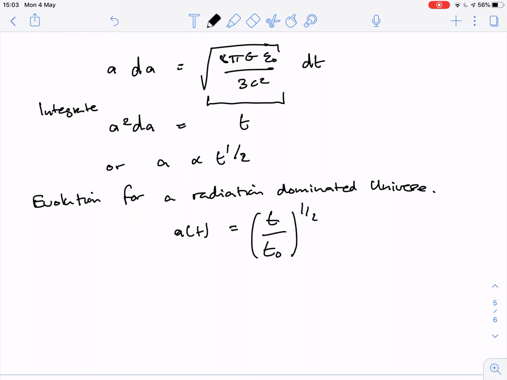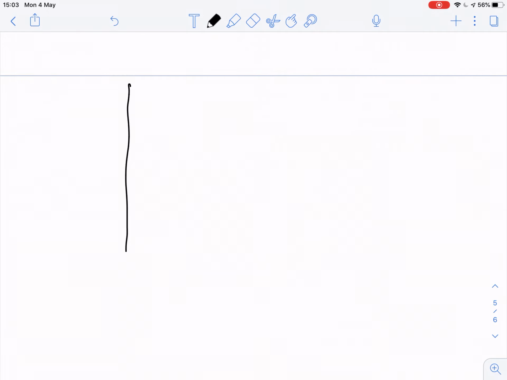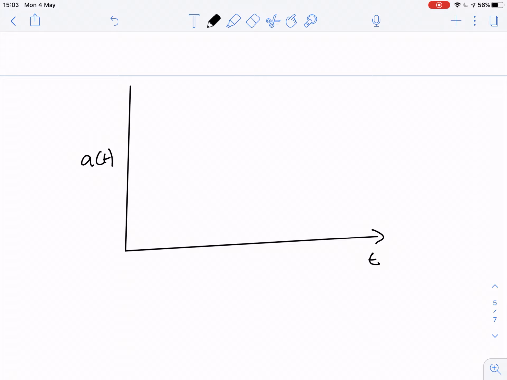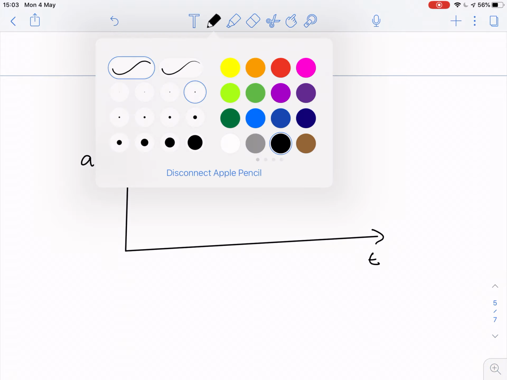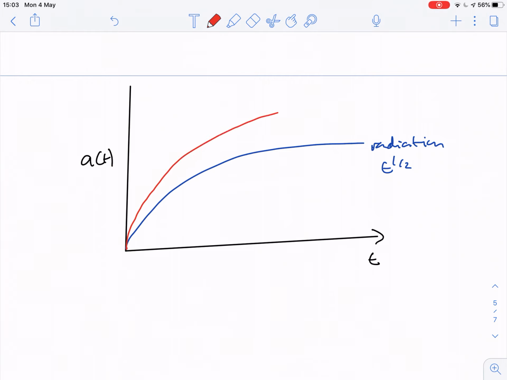Now, this is actually quite interesting, because that means that if I plot, for example, scale factor a of t against cosmic time t, I can have two different lines. I can have one for things which move at relativistic speeds, radiation, and I can have another for things that move at non-relativistic speeds, which is matter.